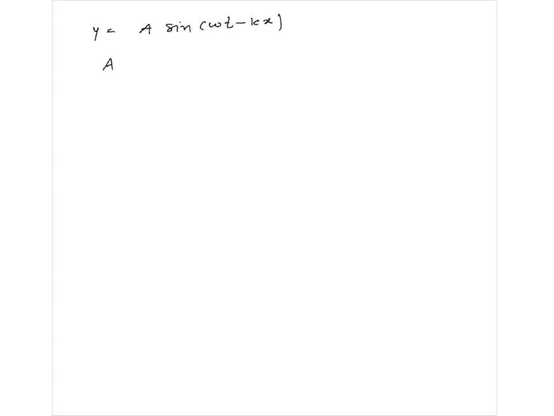Remember, it came from this. We said the person is moving his hand. His hand is at x equal to 0 only, right? He's holding that string. So this gave us this. If you change this, this will change.